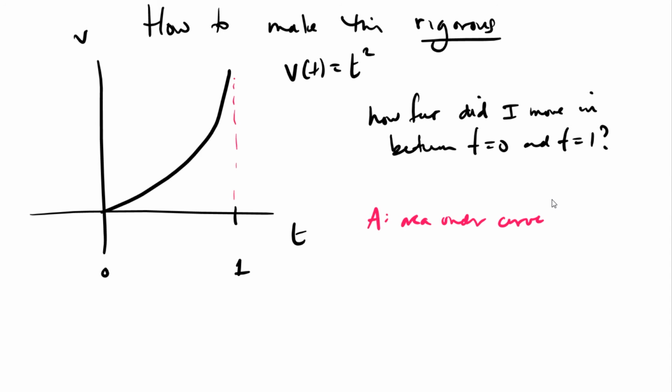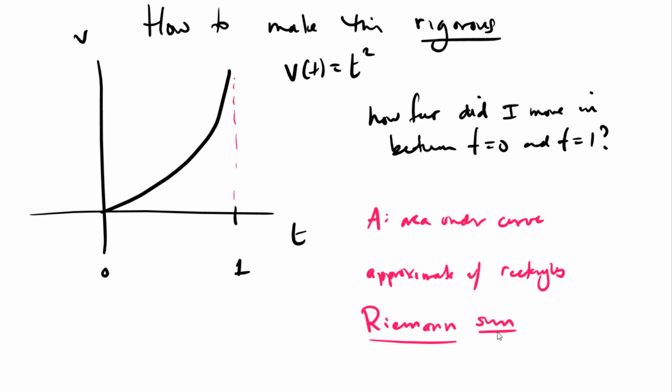And that means that we're going to approximate with rectangles. So the name for the sort of approximation we're going to do is called a Riemann sum. That's the fancy name. So all that a Riemann sum is literally approximation of area by rectangles.